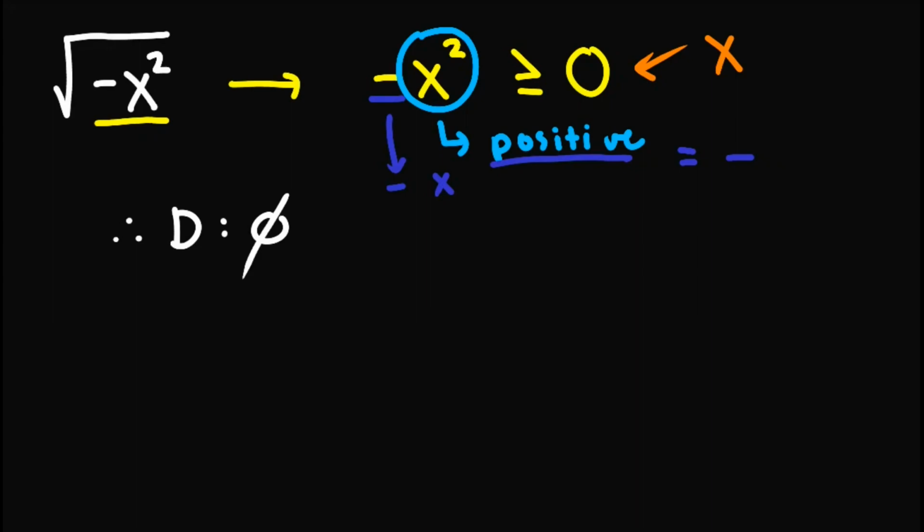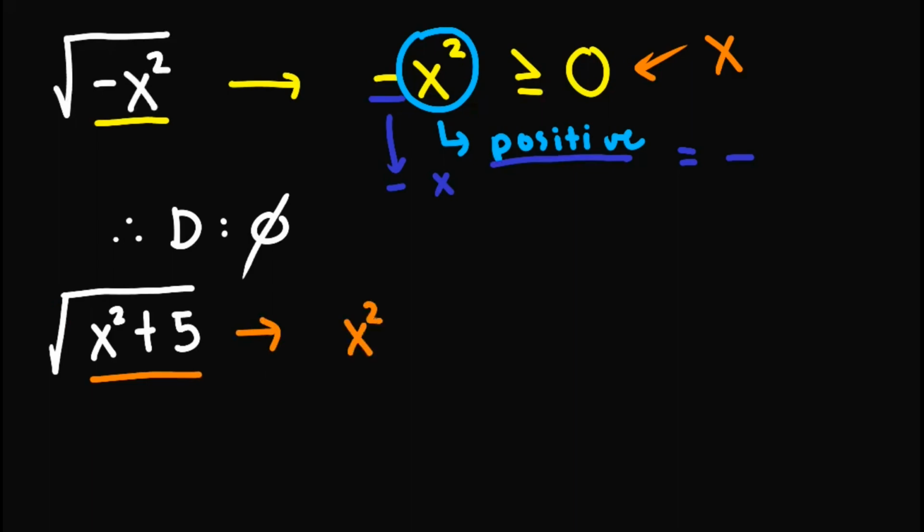Let's have this next example: the square root of x squared plus 5. For this one, again, since our index is even, we know that the expression inside must be greater than or equal to 0.